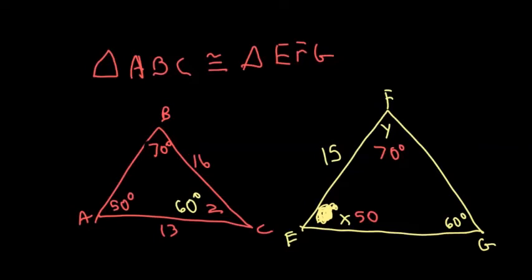And since side EF is 15, that makes AB also 15. And then since BC is 16, FG is 16, and since AC is 13, EG is 13. So once you know that the triangles are congruent, then you can figure out all the different angles and all the different sides of the triangles.